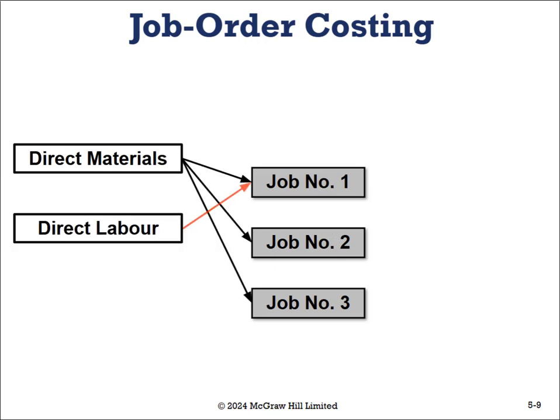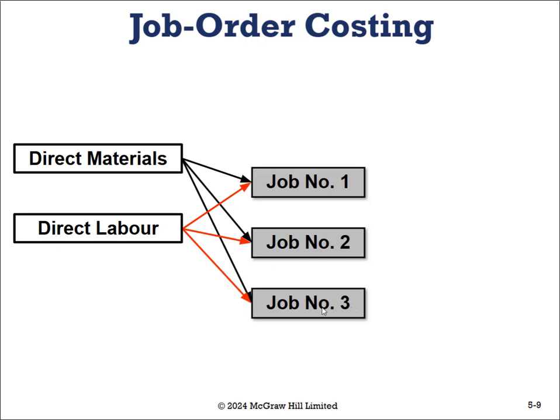All right, so our direct materials go into each one of the sheets. That's sheet 1, sheet 2, sheet 3. We're going to start off with direct materials. There would be a materials requisition form, a document that specifies the type and quantity of materials to be withdrawn from the storage room and placed onto each job directly.